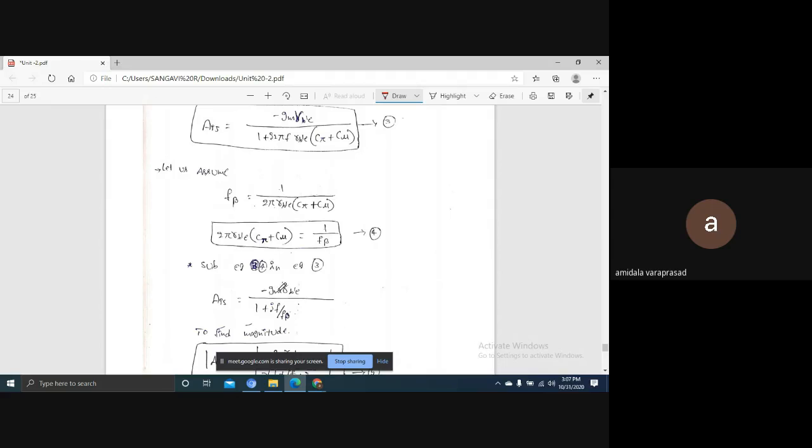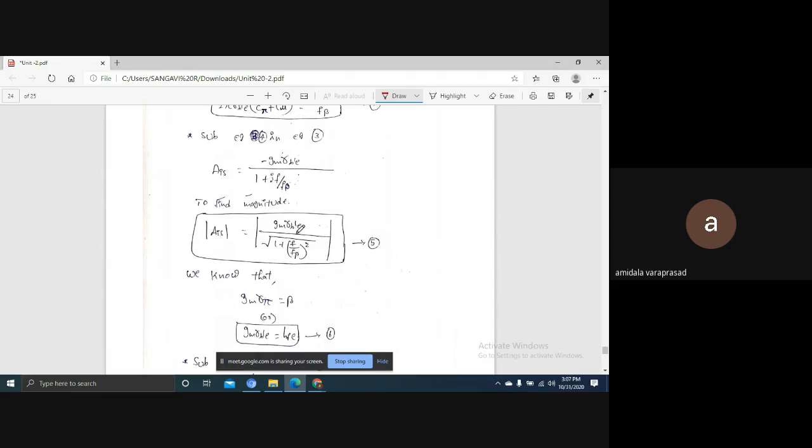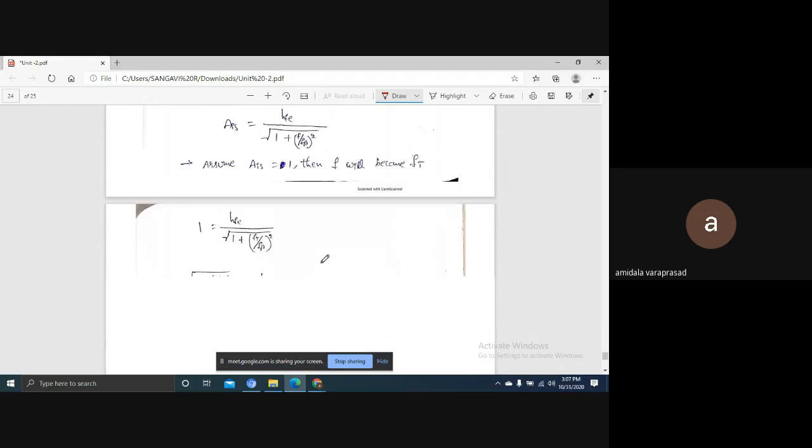AIS is equal to minus gm into r dash e by 1 plus j f by f beta, because this is the numerator and this is the denominator. To find the magnitude, I get gm into r dash e by root of 1 plus (f by f beta) whole square.